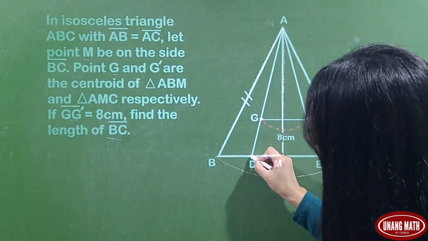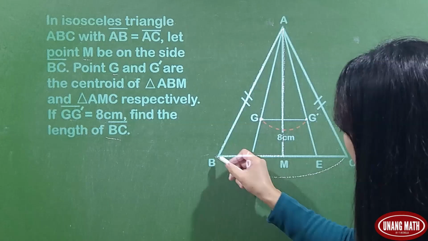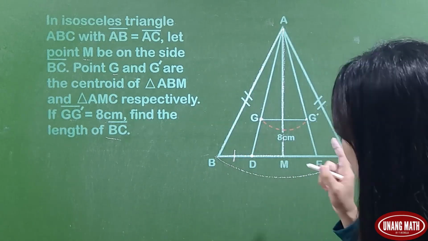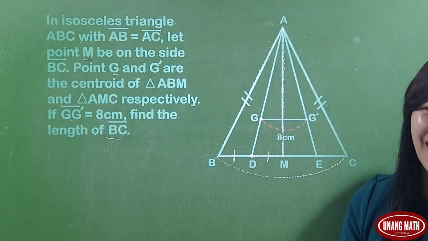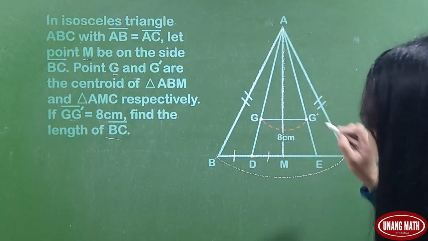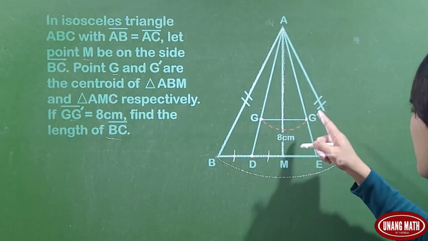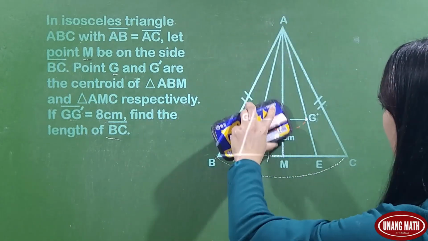So it means also that point D here is the midpoint of segment BM. So segment BD is the same length as segment DM. Another centroid is this point G prime.